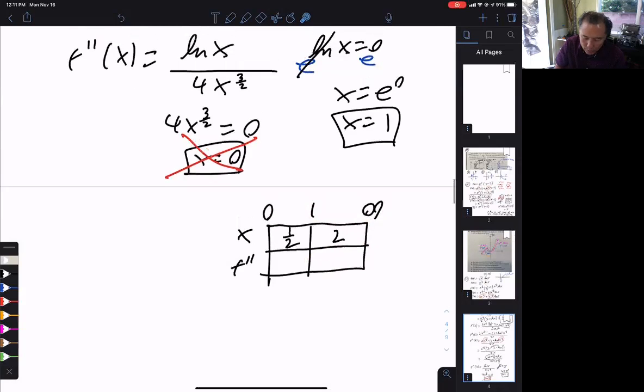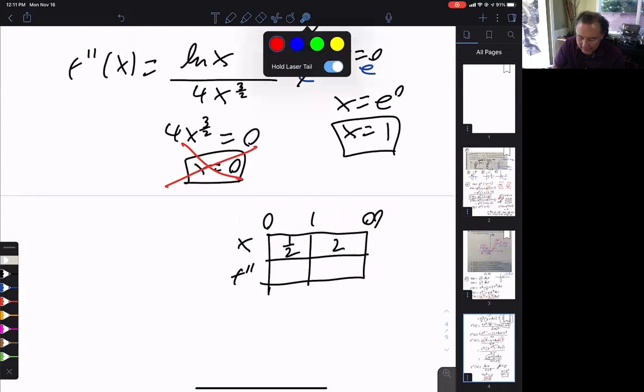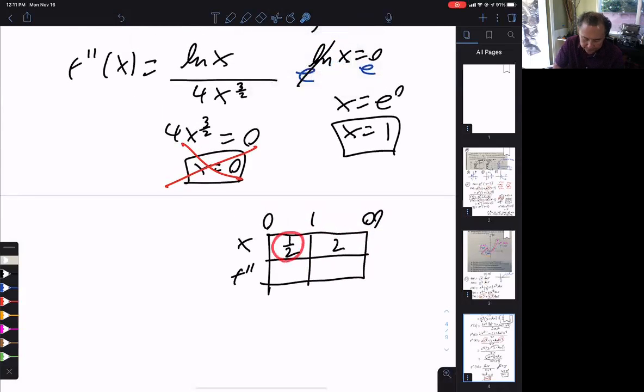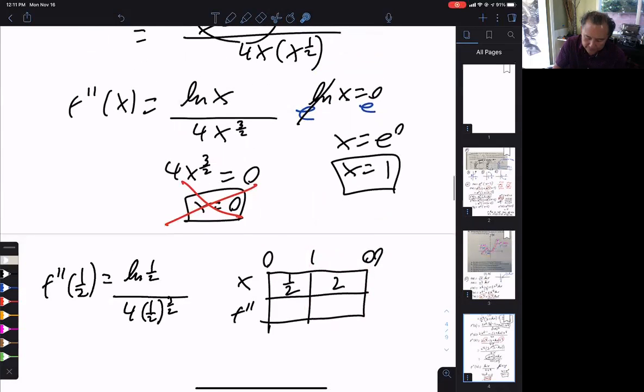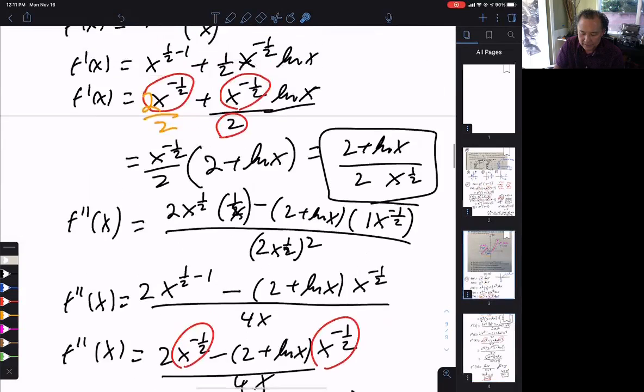Now, I want to know the second derivative at this point here. So what is the second derivative at 1/2? That's ln of 1/2 over 4 times 1/2 to the 3/2. Is that positive or negative? Okay, ln of 1/2. Right now you're like, I'm not sure, but you know the graph.